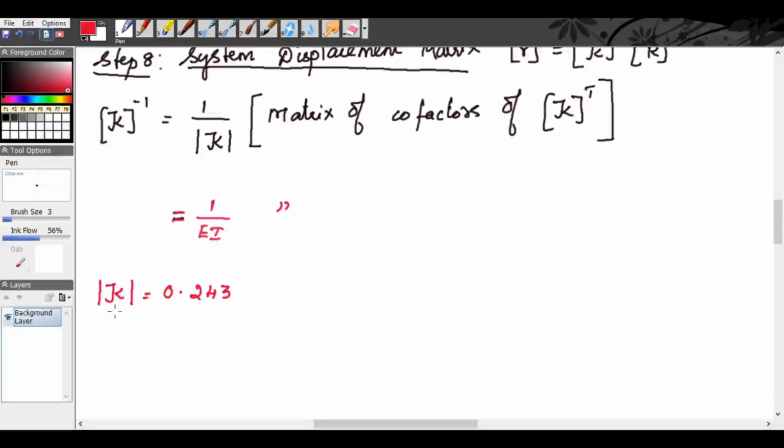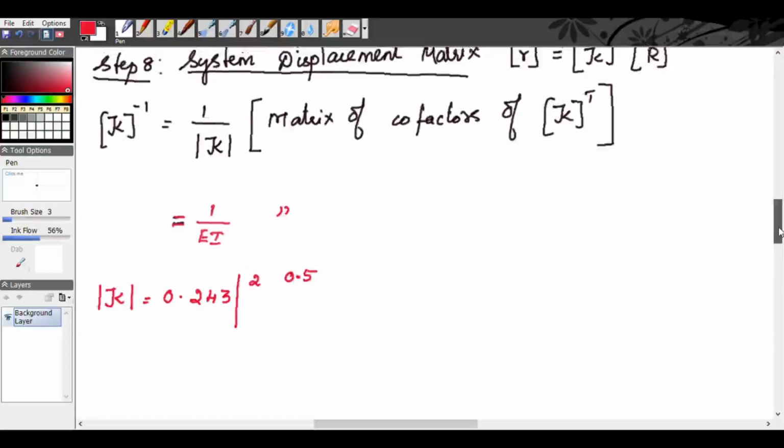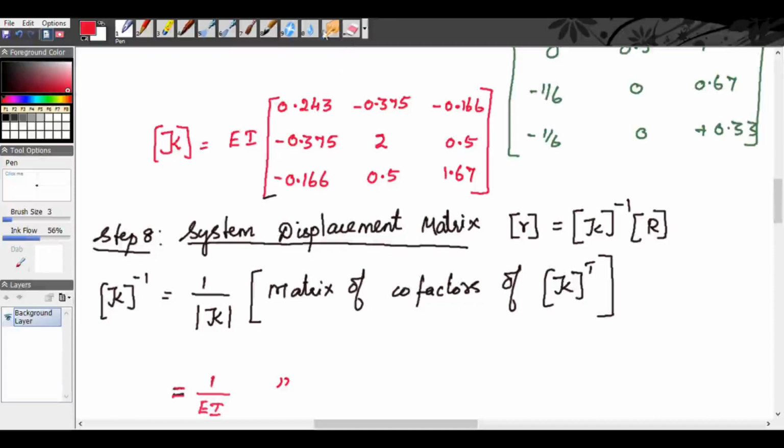So what you get is 0.243, this is determinant of K, okay, into determinant of, this is the cofactors. Cofactors means the determinant of the others, you cancel the rows and columns, that is 0.243, you cut this and this. So the remaining terms 2, 0.5, 0.5, 1.67.